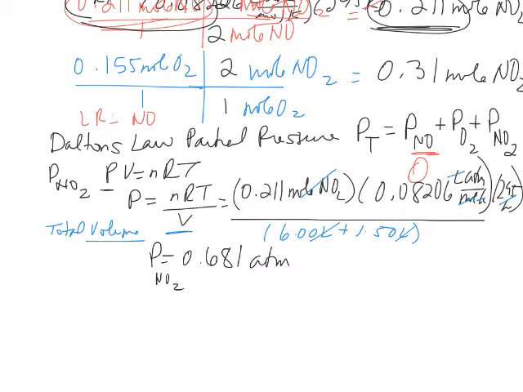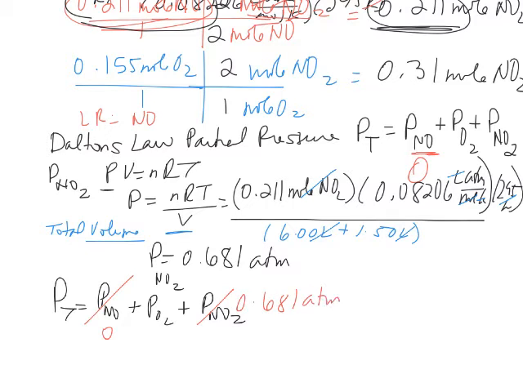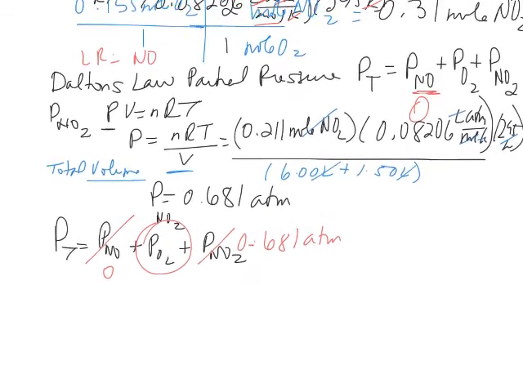So we'll just rewrite that: PT equals PNO plus P oxygen plus PNO2. This one is 0, and this one is 0.681 atmospheres. Now we've got to do the excess reagent. So that's our product and our excess reagent.